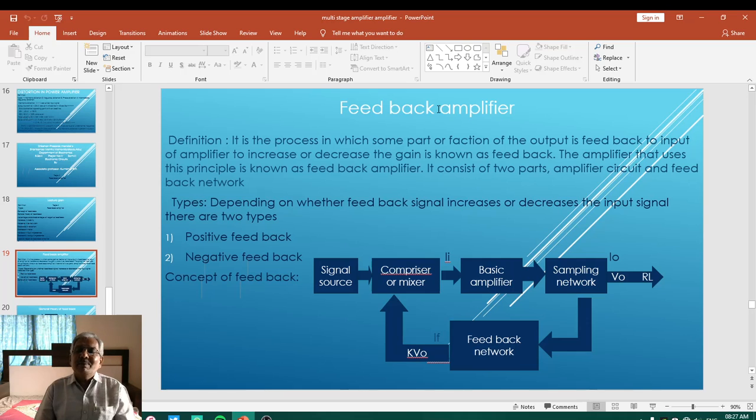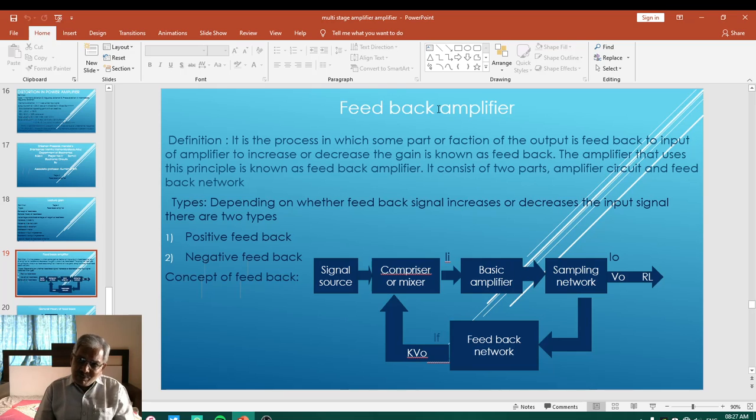Hence, to define the process of feedback, we can say feedback is the process in which some part or fraction of the output is fed back to the input of an amplifier to increase or decrease the input signal, or to increase or decrease the gain of amplifier. And this process is known as the feedback process. And the amplifier that uses this particular principle is known as feedback amplifier.